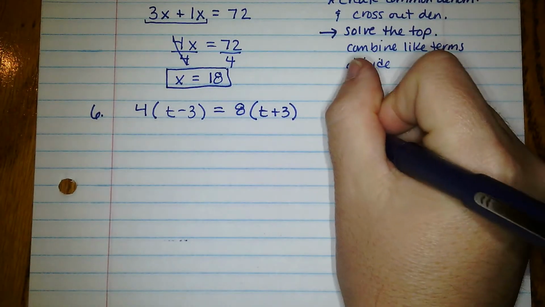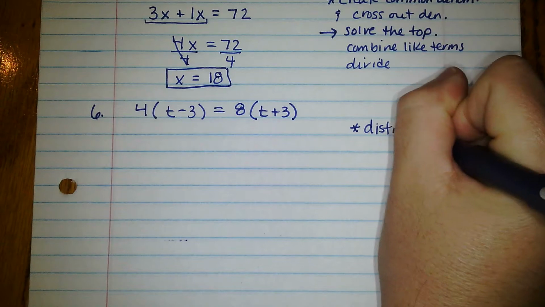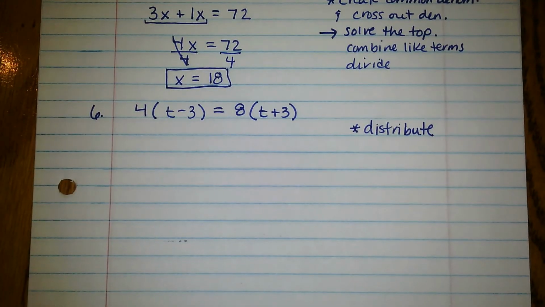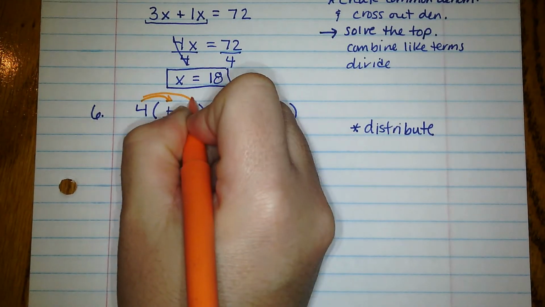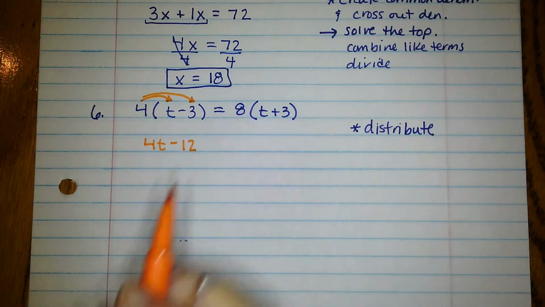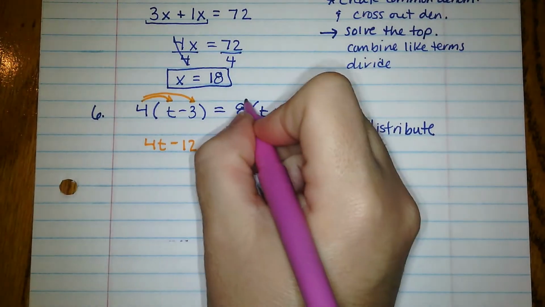So for my first step, what we're going to do is distribute on the left. So you get an orange. That's going to give you 4t minus 12. And then you're going to distribute on the right. See if this one works.